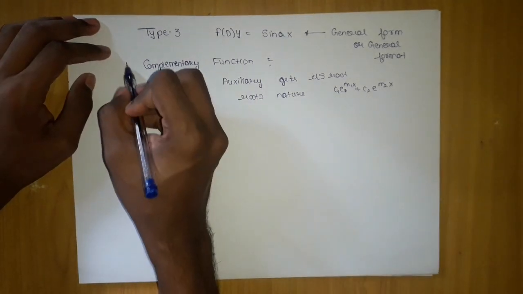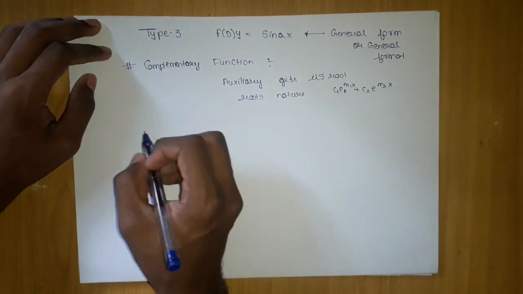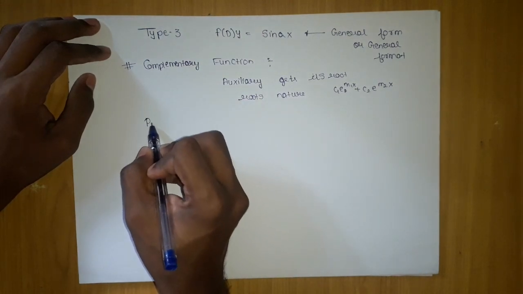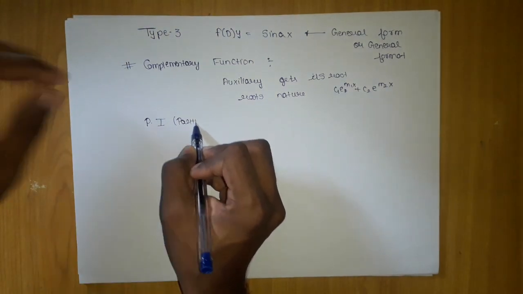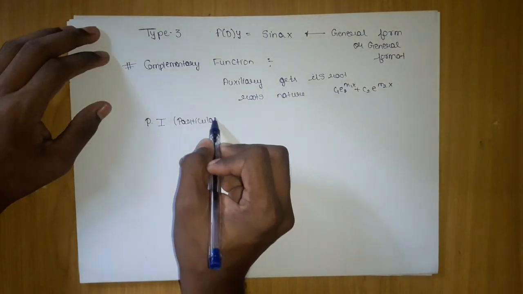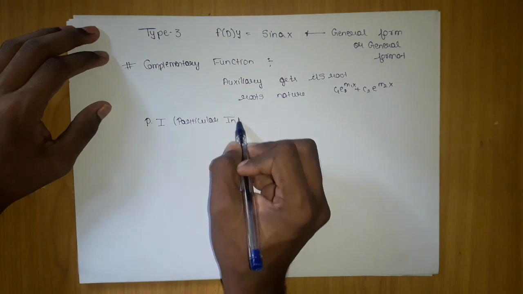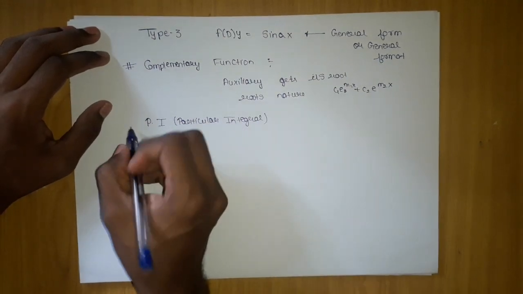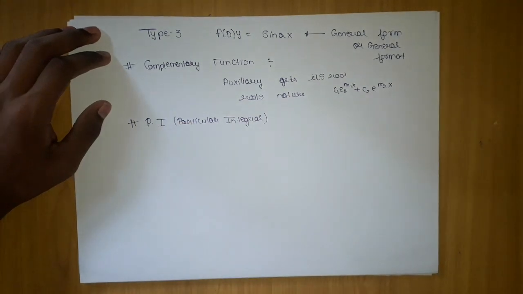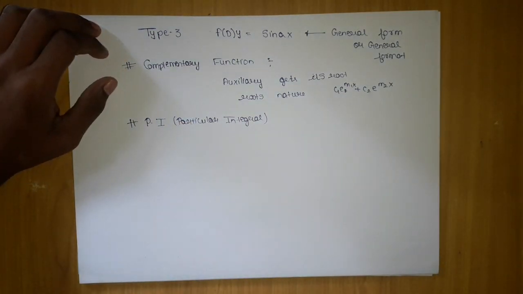So the complementary function will be the same for all, but the only thing that will change is the particular integral. Like in the previous one, particular integral was the only thing that changed. Complementary function is the same from type 1, type 2, and here also.